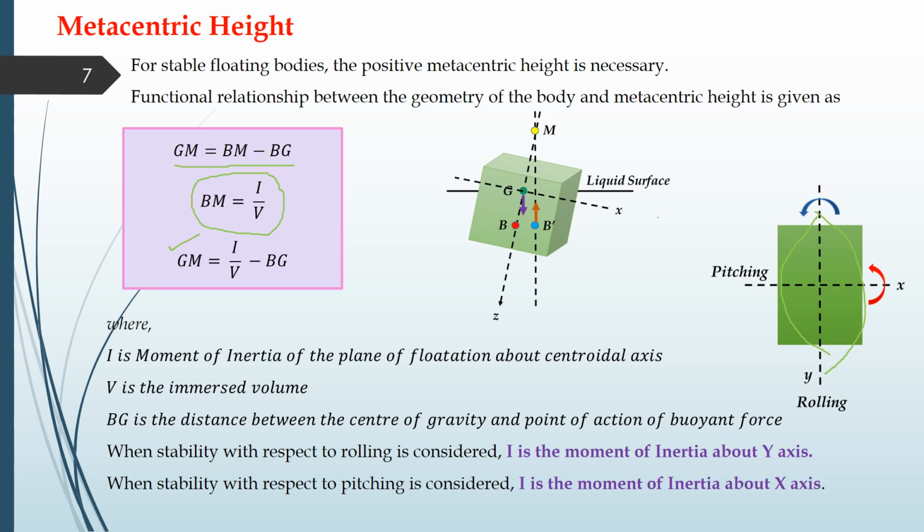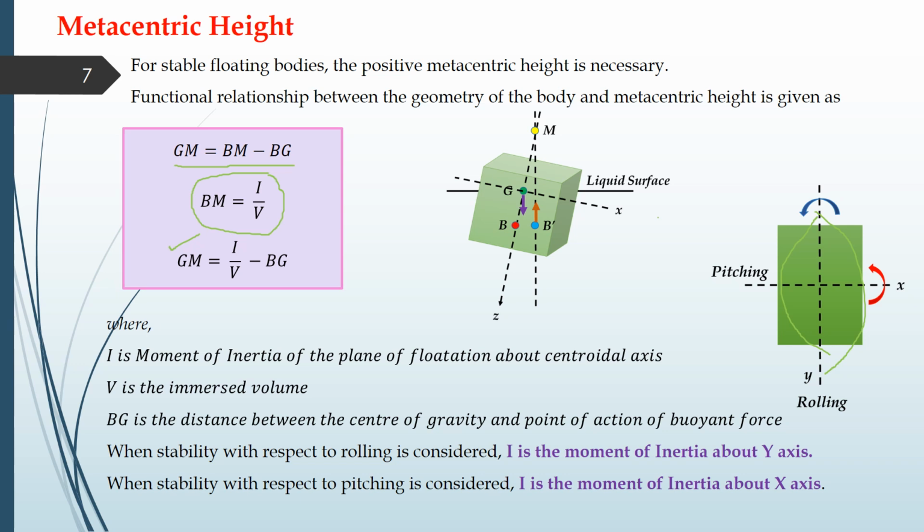Basically when a ship floats, we have the rolling axis, the pitching axis, and the spinning axis also. If there is a movement of the ship with respect to the y-axis, we call it rolling, and if there is an upward and downward movement of the ship with respect to the x-axis, we call it pitching.